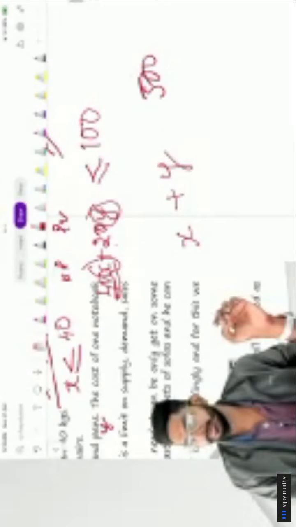I will eat chicken, I will get vitamin A, and likewise I will eat something like vegetables. If I add whatever vitamins I am getting, they are telling that it should be 500. So which symbol will you use in between them? More than or equal to.